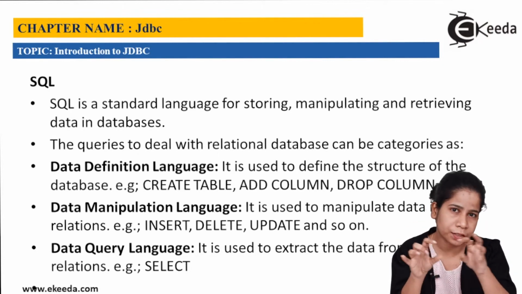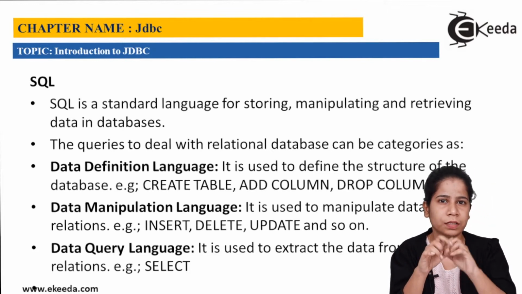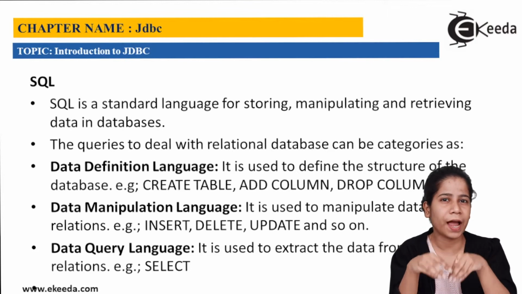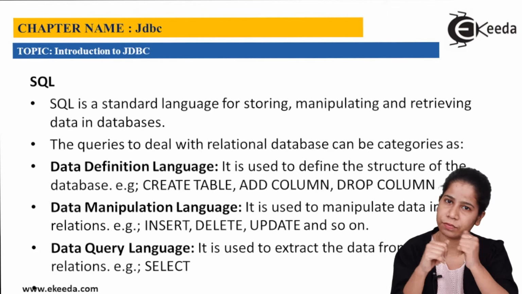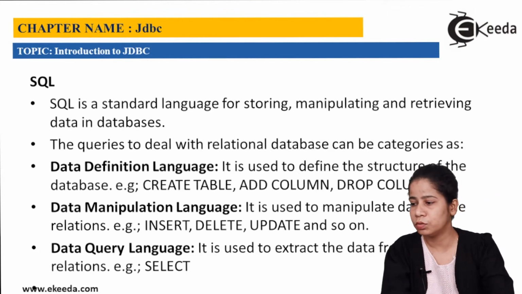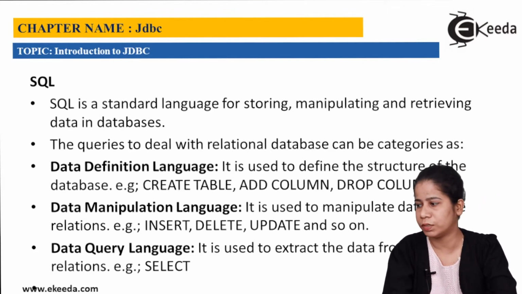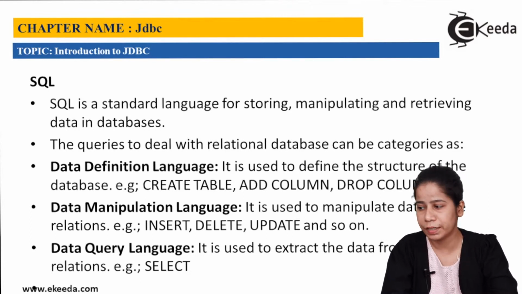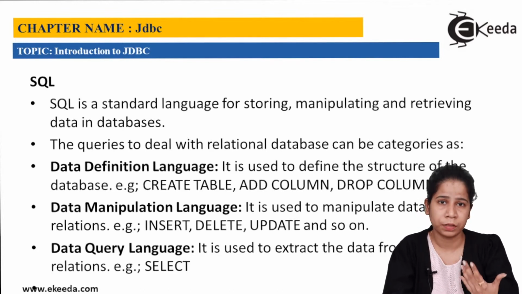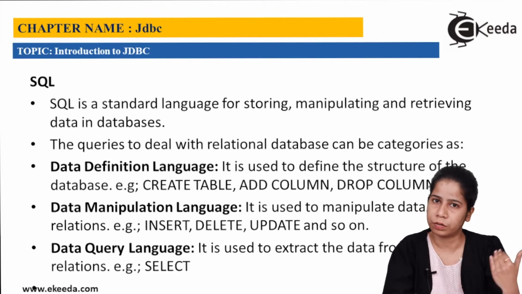You may need to alter some definition of the data, or delete some definition of the data. All these kinds of activity you can perform by using DDL, that is Data Definition Language. So it is used to define the structure of the database. Now what kind of structure do we have? We can create a table, add a column, drop a column, drop a table and so on.